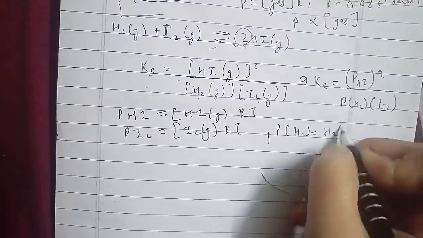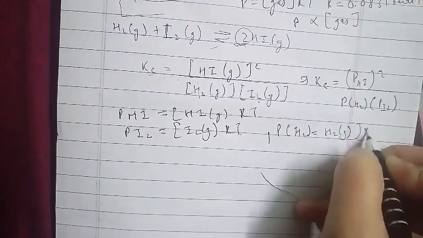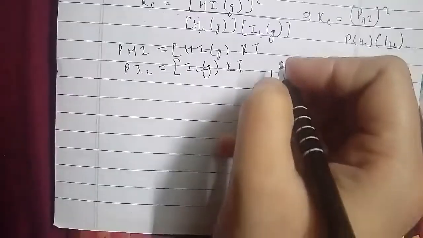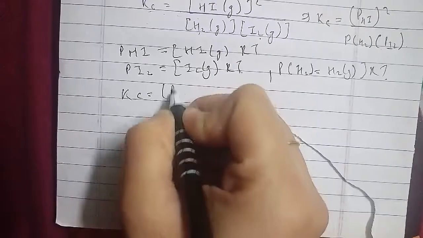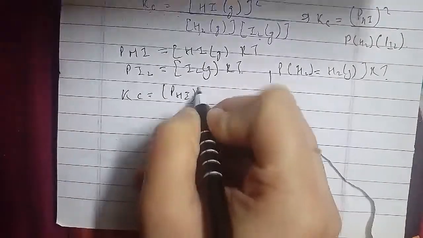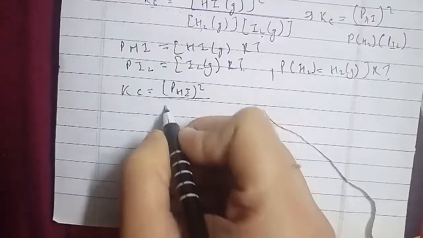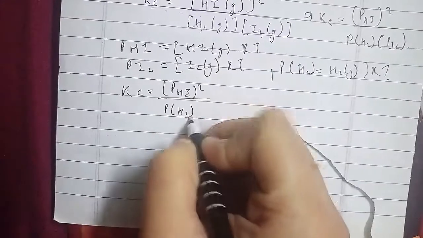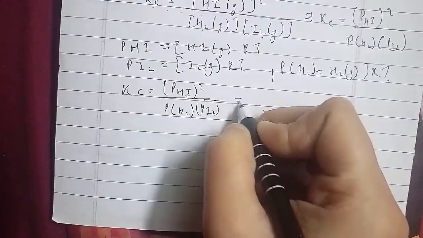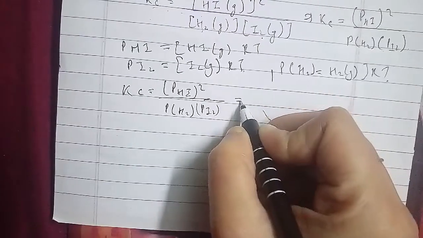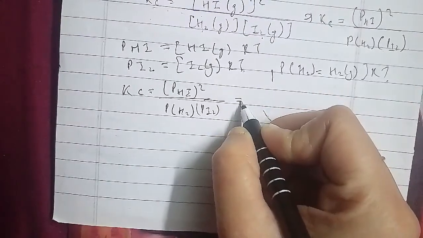And that can also be written in the form of [HI] gas state, whole squared, times RT whole squared, upon [H2] gas RT and then [I2] gas RT.